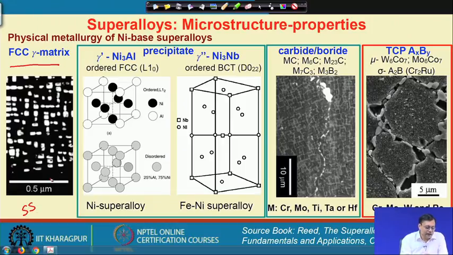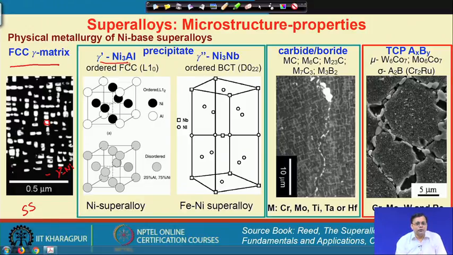Here the dark color region is the gamma nickel phase with some other alloying elements, and these precipitates, in the case of nickel based superalloys, are the gamma prime phase. So, gamma prime is a nickel 3 aluminum phase.